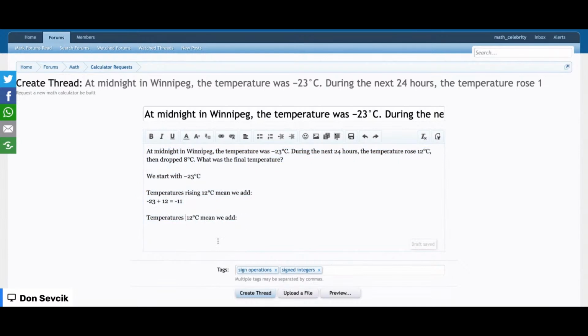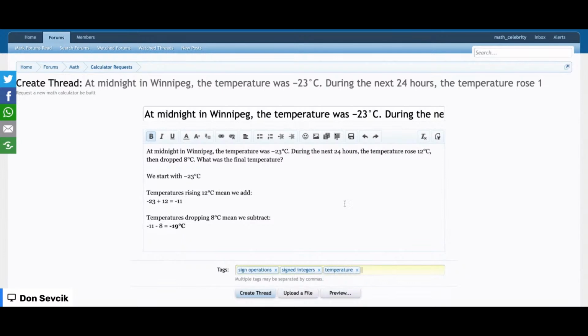Temperatures dropping 8 degrees Celsius mean we subtract. So we got negative 11 from here, minus 8 equals negative 19. And I'm going to put the little degrees Celsius so we can make our answer look official.